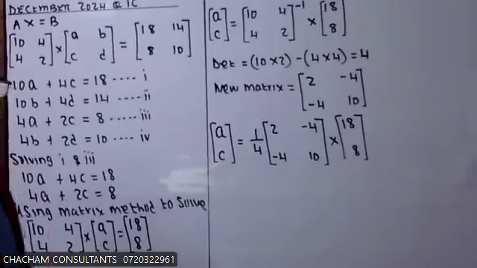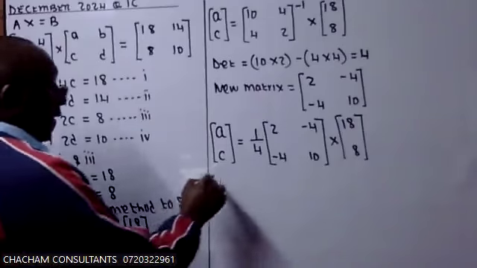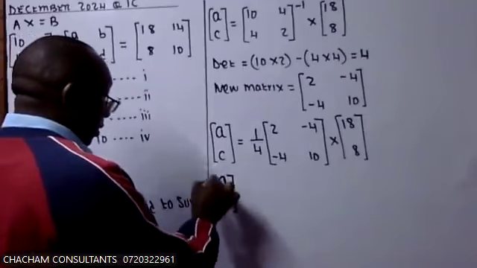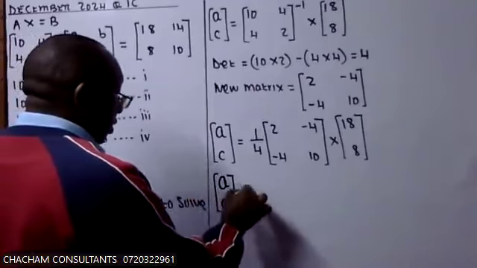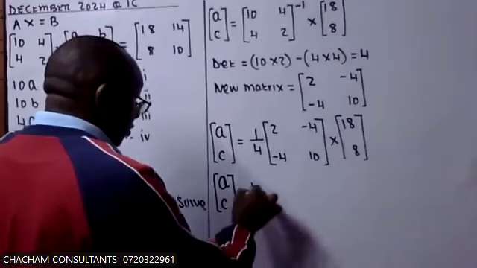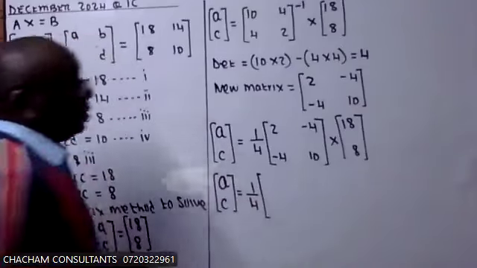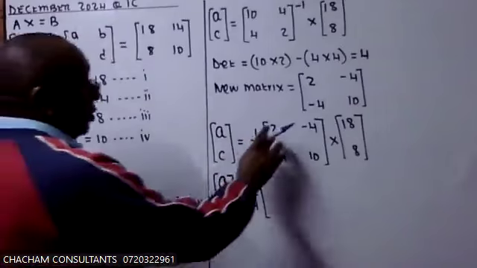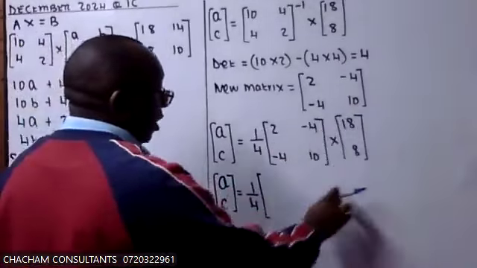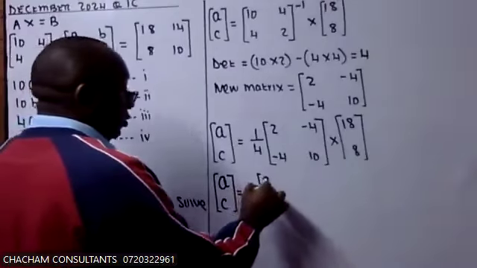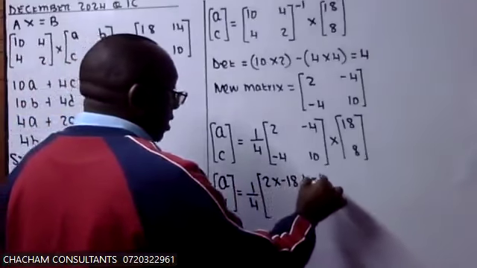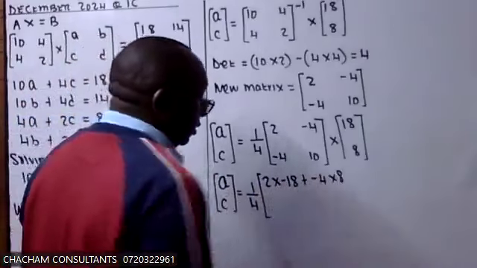So when you proceed, you say A, C is 1 out of 4. To multiply matrices, you take this row and multiply by this column. So this will be 2 times 18 plus -4 times 8.